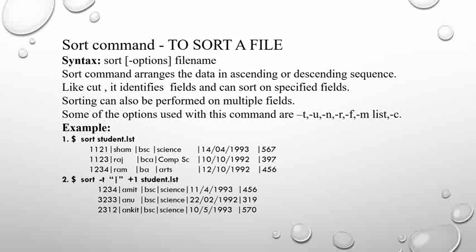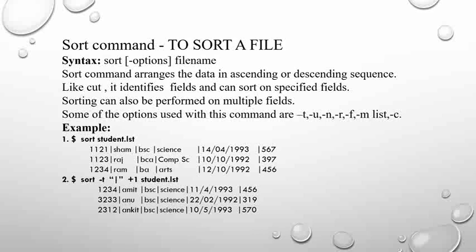Sorting can also be performed on multiple fields, and some of the options which are used with sorting are -t, -u, -n, -r, -f, -m, and -c. These are the options which are used with the sort command.